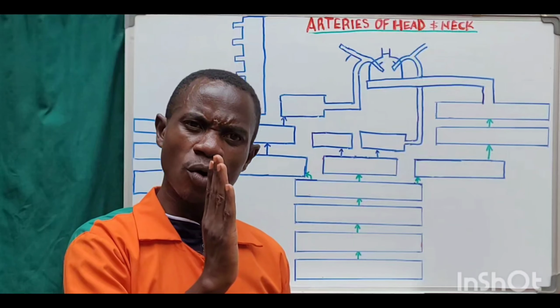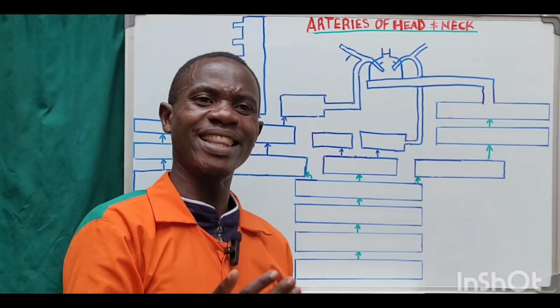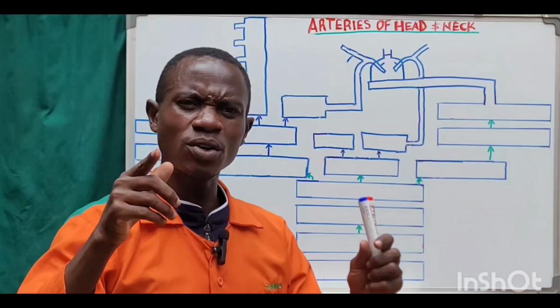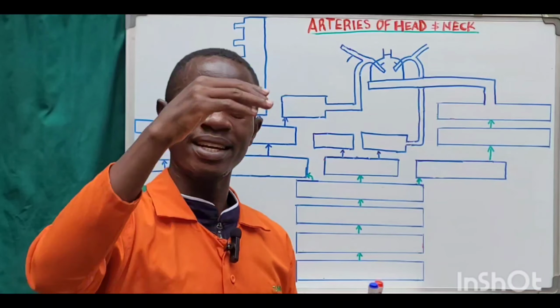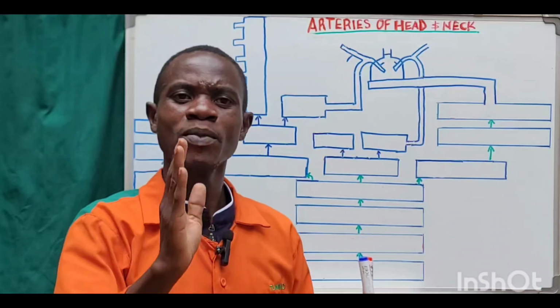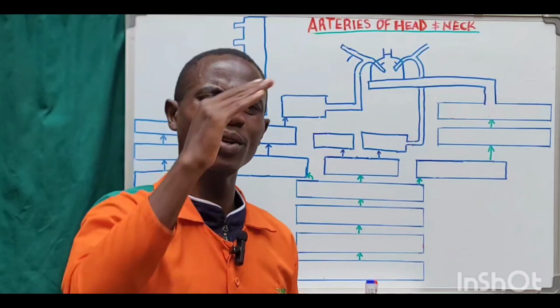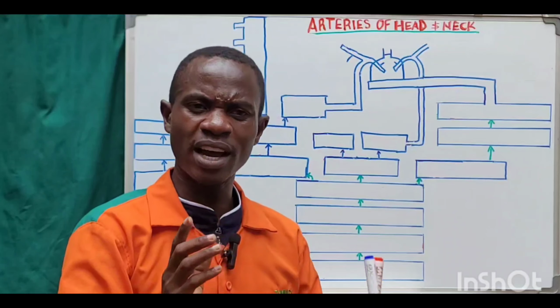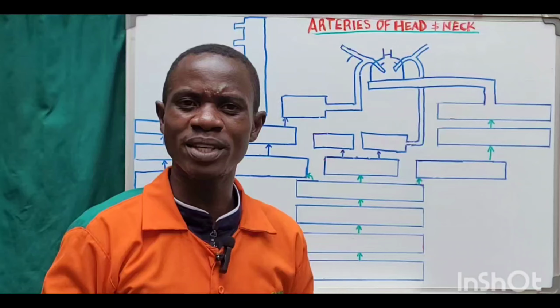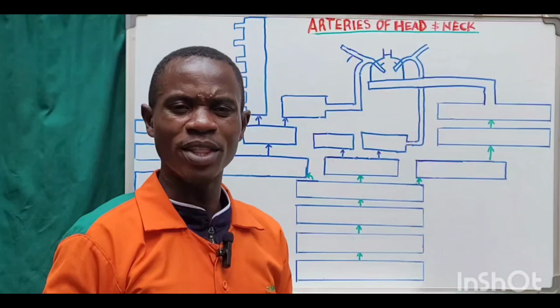From there, it will hit the aortic arch, and then move down to the descending aorta. But in this video, we are not going to be focusing on the descending aorta or the ascending aorta. Our main focus is going to be on the aortic arch, and the reason is that we have three great vessels which supply the upper extremities, which is the reason for today's video.